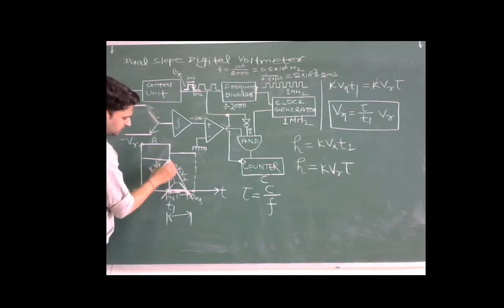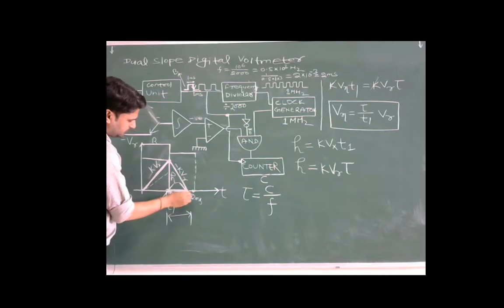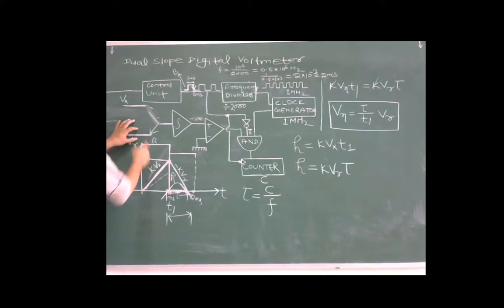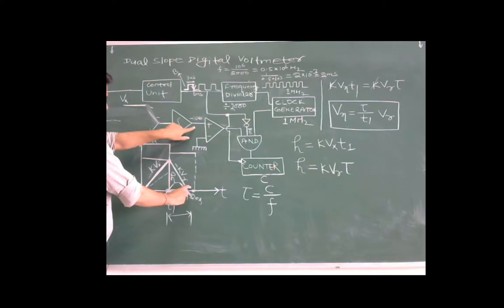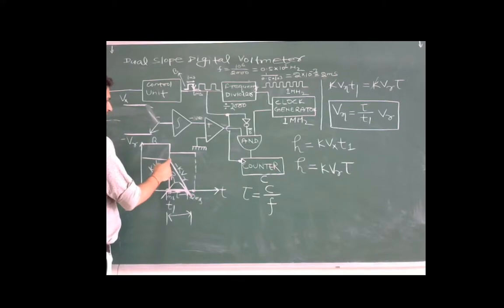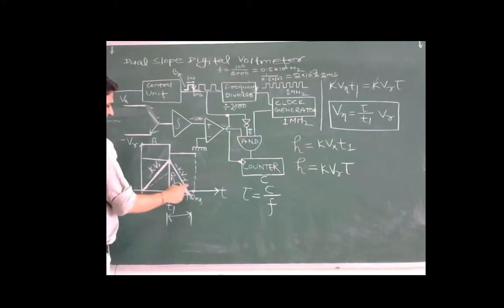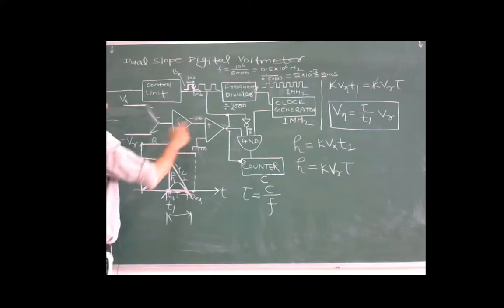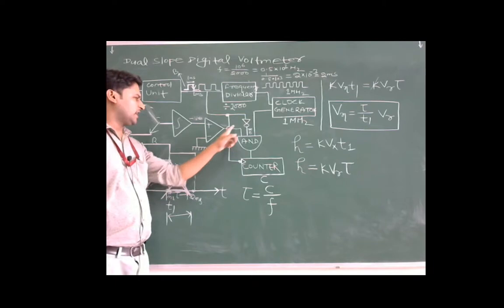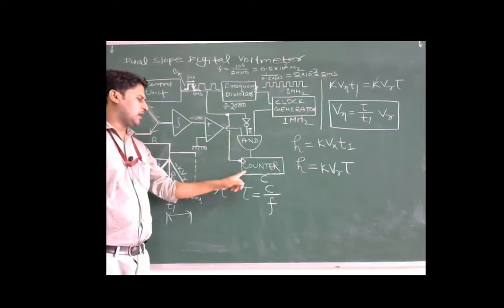Suppose when the switch is connected to minus Vr, after tau milliseconds the output of the integrator becomes 0. When it becomes 0, the output of this comparator will change and stop the counter.